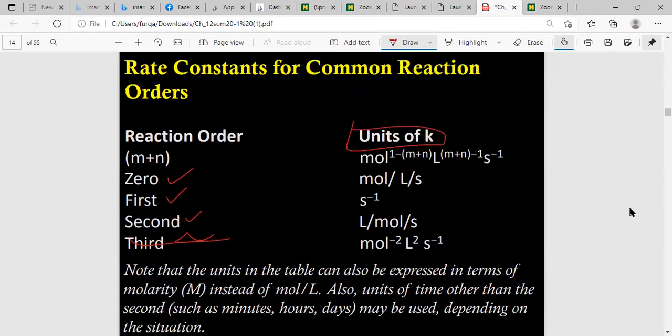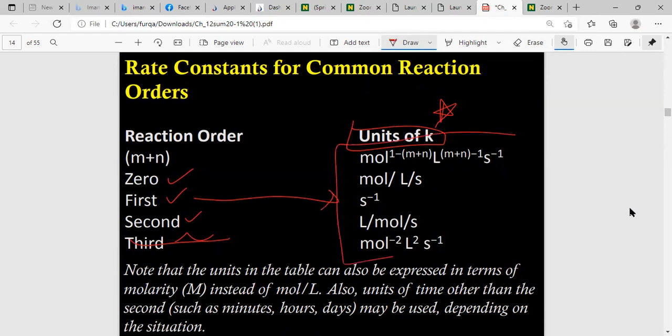So units of K is the most important thing that students are not able to get out of their calculations. If you're not able to get this unit correctly based on what order the reaction is following, please just memorize this. If the question says it's a first order reaction, calculate the K, at the end, the correct unit is going to be per second.